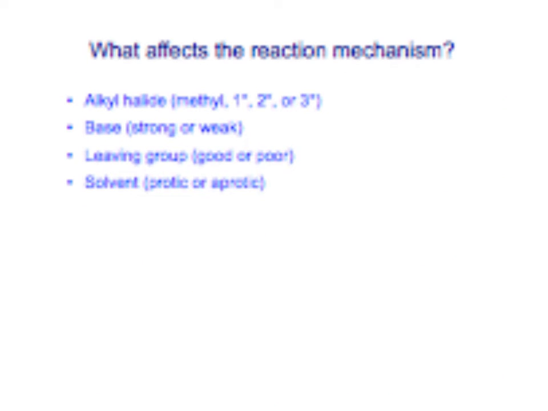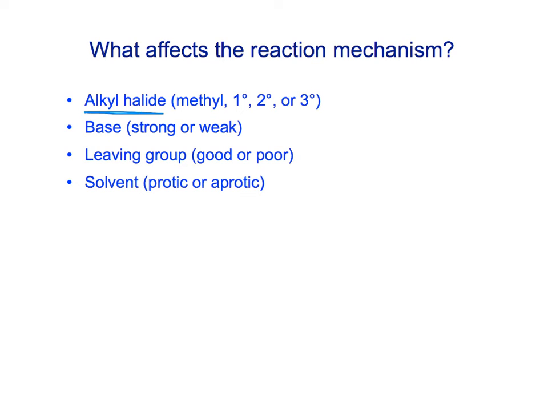Let's consider how the various reaction components affect which mechanism is the operative one. We will consider the alkyl halide and its substitution. We will look at the base, whether it's strong or weak, the leaving group, and the solvent.